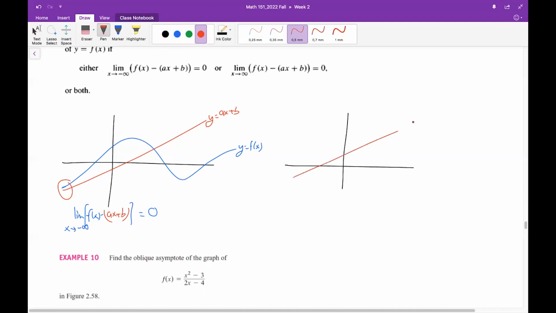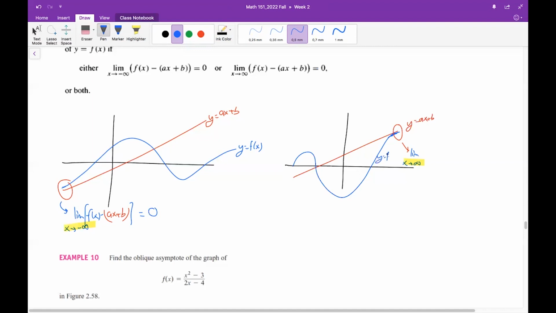And similarly, this kind of situation may happen in the plus infinity case. So let's put our line again here. It is ax plus b, and consider a function like this. You see, as x goes to plus infinity this time, look at the behavior of your function here.